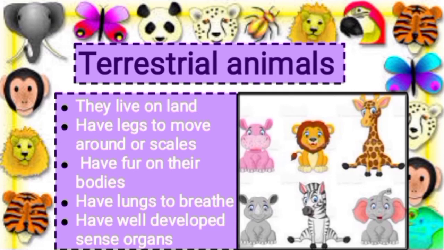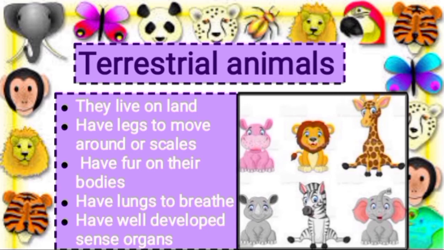Terrestrial habitats are ones that are found on land like forests, grasslands, deserts, and mountains. Terrestrial habitats also include man-made habitats like farms, cities, and towns.